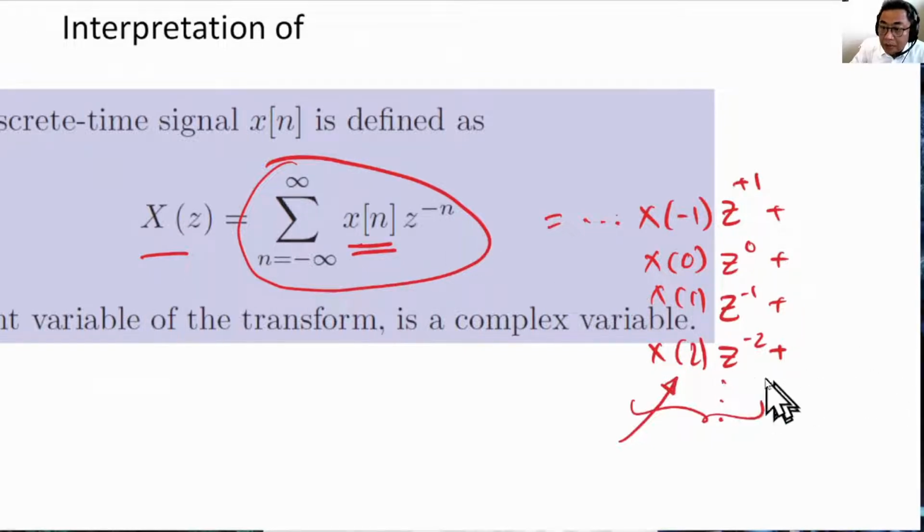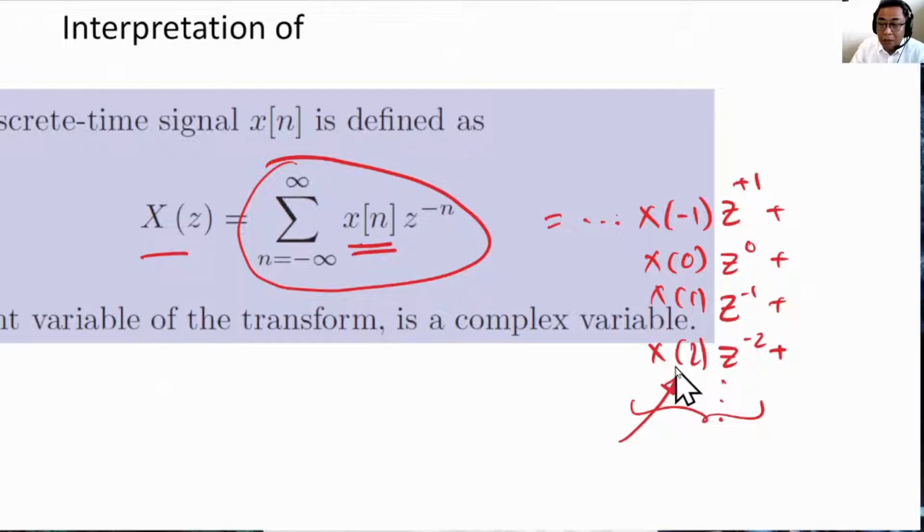Notice that the index of the original sequence becomes the power in the z, in this case the negative power of z. Hence, there is a one-to-one correspondence between the polynomial power and the original index, as well as the coefficient of the original sequence.